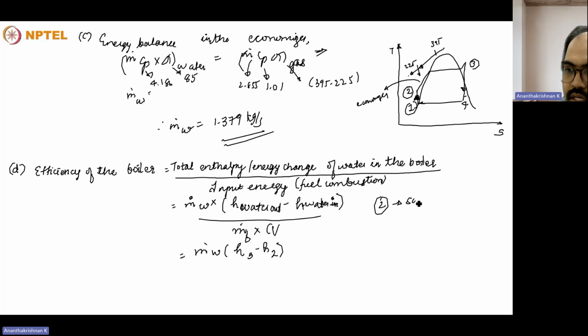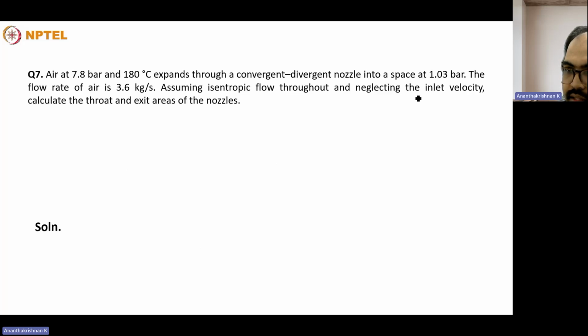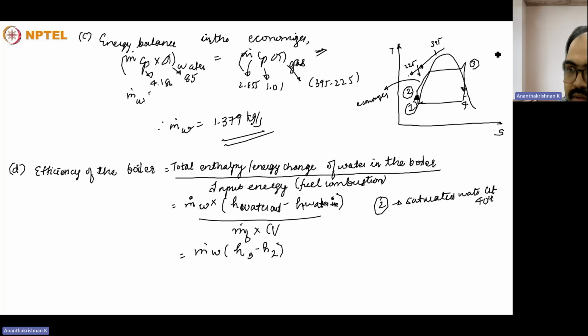Point 2 will be saturated water at 48 degrees Celsius. So for the time being, we can assume that the enthalpy of this particular point will be the same as that of the saturated liquid at 2, neglecting the subcooling that will be possible at that particular point.